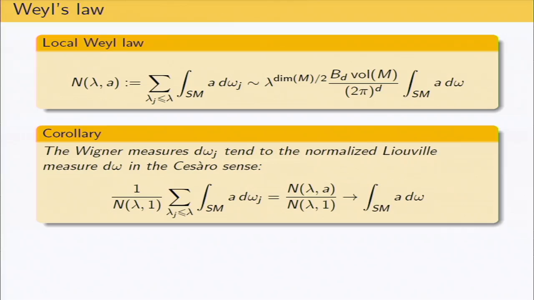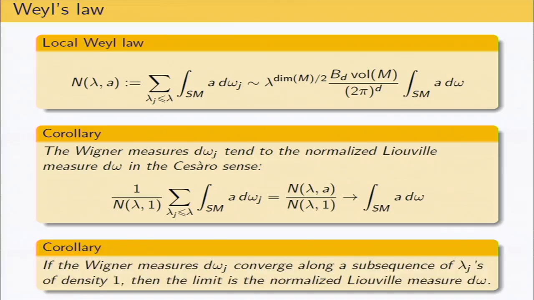But this is also true if we only assume that the d omega j's converge along a subsequence of lambda j's of density 1, meaning that the counting function of the chosen lambda j's is asymptotically the same as the whole counting function, because along such a sequence, the new n lambda A and the new n lambda 1 are just asymptotically the original n lambda A and n lambda 1. So this is a very important observation. If the Wigner measures converge for almost all lambda j's, then the limit can only be one thing, the normalized Liouville measure.